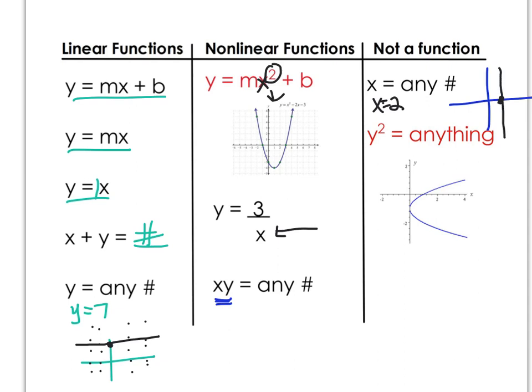It is only x equals 2, which, like we said before, means that this line has tons of y values, an infinite amount. And our x value cannot have more than one y value to be a function. And then lastly, anytime our y has a square, y squared, no matter whatever it equals to, that is not a function. So if x has an exponent, it's a nonlinear function. If y has an exponent, it's not a function.